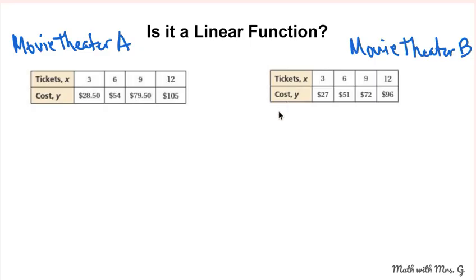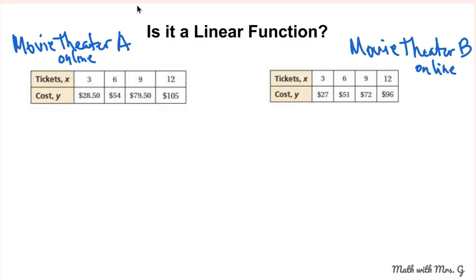I've got tickets and cost of purchasing movie tickets, and this is when we're purchasing them online. So if I go online to their site, I want to buy some movie tickets, this is helping me find out how much they cost, okay?